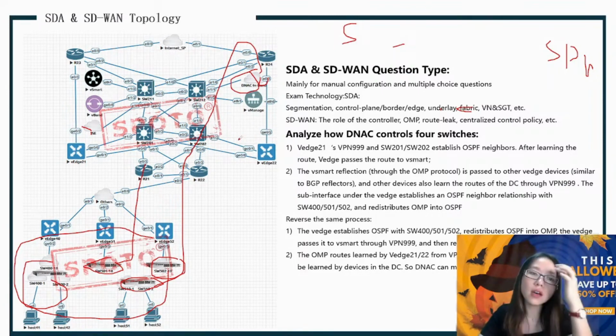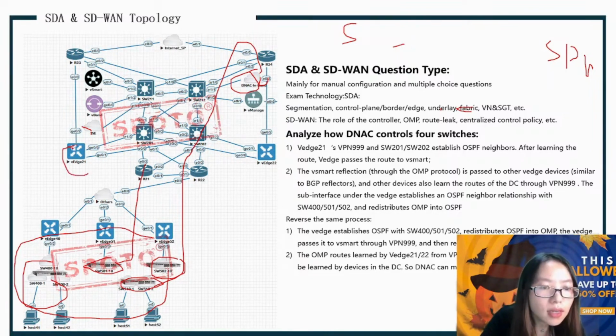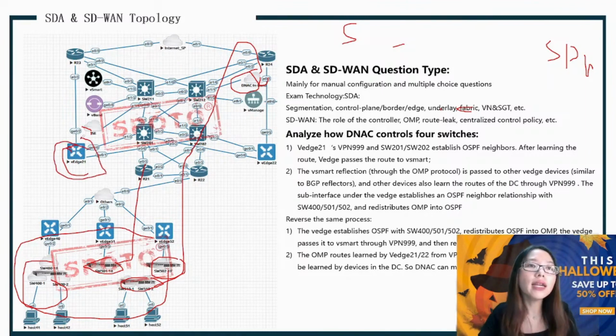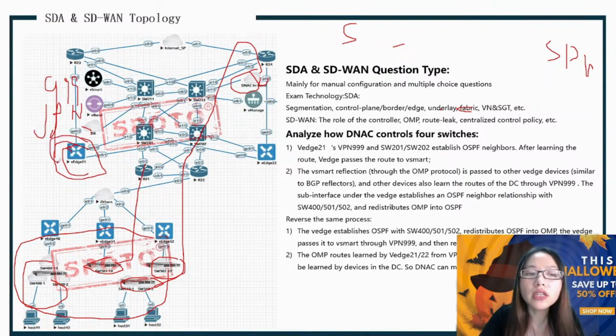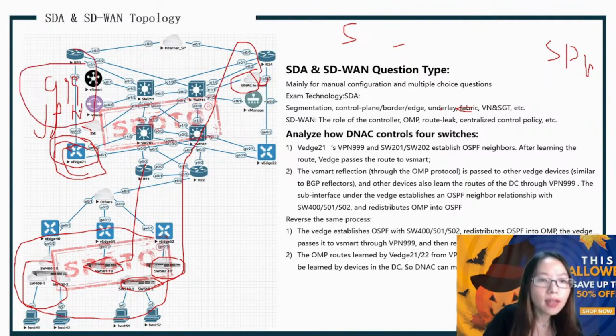Let me analyze it for you. First, we can see VH21. There is VPN 999 on VH21. Then the VH will establish OSPF neighbors with switch 201 and switch 202.